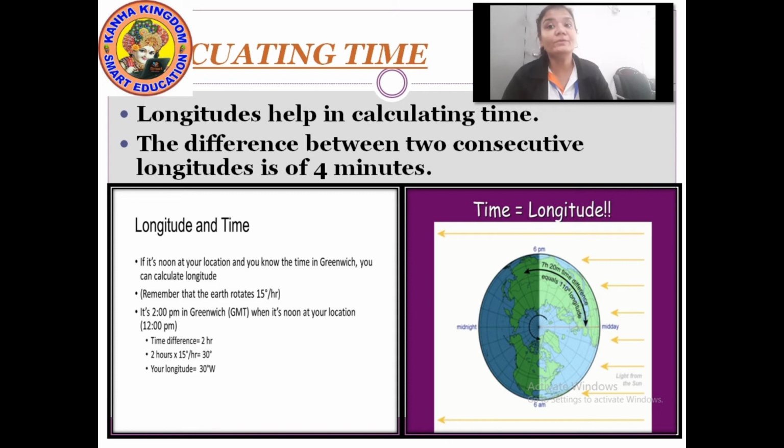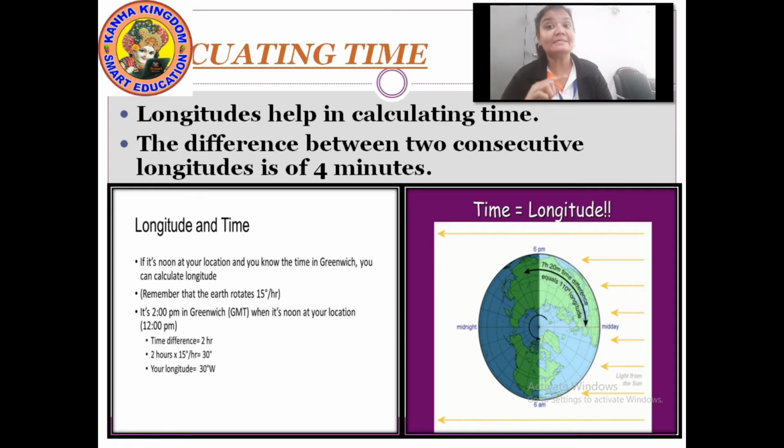Longitudes help you in calculating the time. Before calculating the time, you should know that the difference between two consecutive longitudes is 4 minutes.